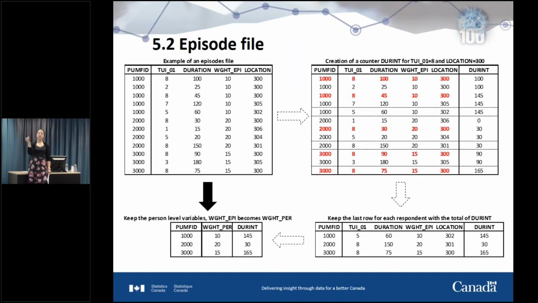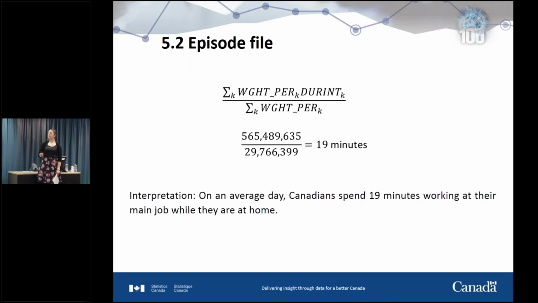We can remove variables related to episode because it doesn't make sense anymore, since you're keeping the last row. You should be keeping only what you're interested in. So you keep the total duration, and your episode weight is now actually the person weight, because remember I told you that the episode weight is the person weight that we apply to each episode.